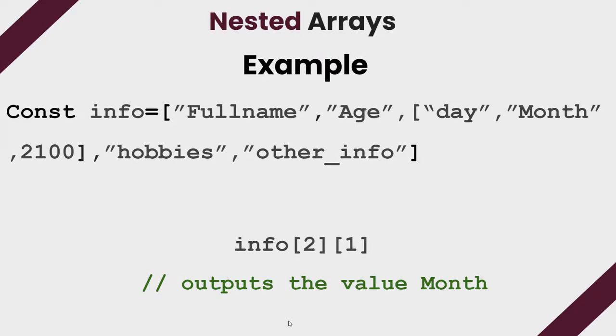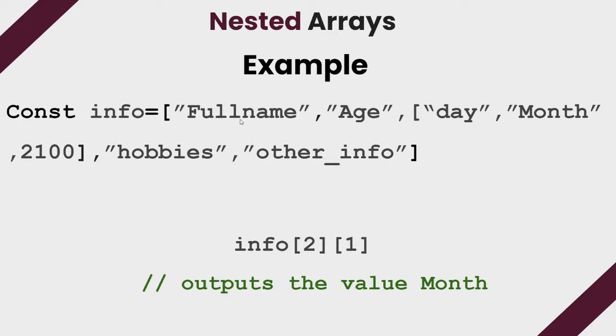So next we have the nested arrays. So here our outermost structure would be the array itself, and we are going to have an array within an array. I would also have an object within the array too. So here we try to reference the element here, which is month, which is already within an array within the array.